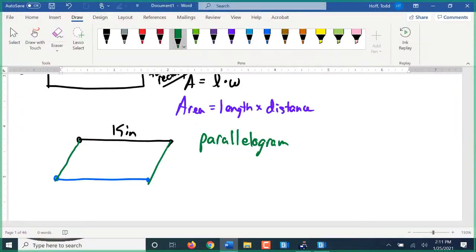This is 15 inches here, and let's say this is 7 inches here on that dimension.